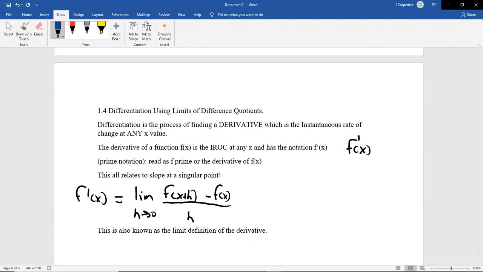So again, we just do the difference quotient. We take the limit as h goes to 0, and bam, we will get a formula, and that formula will describe the slope at any point.